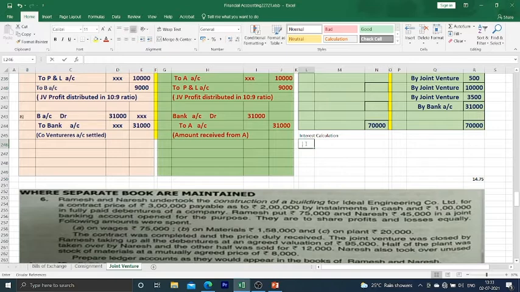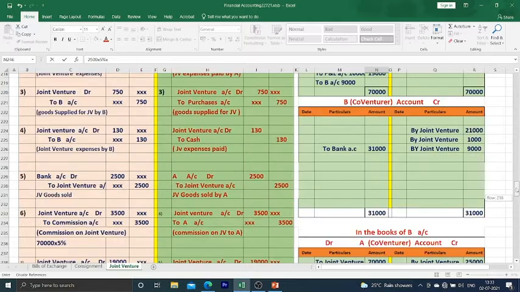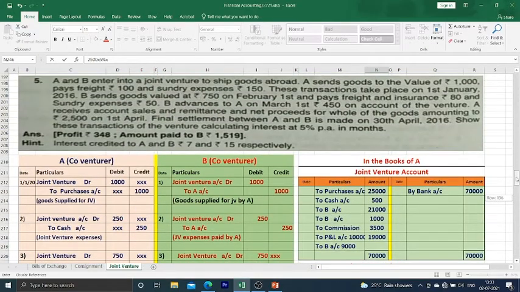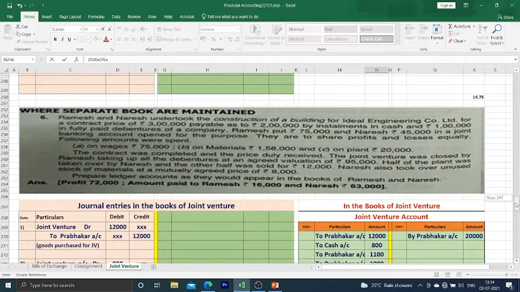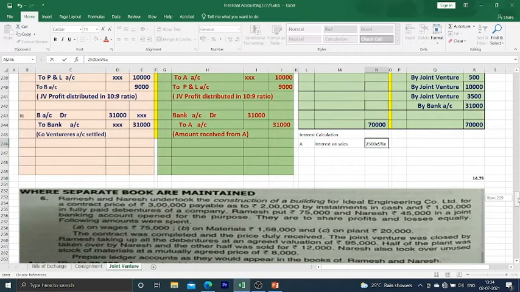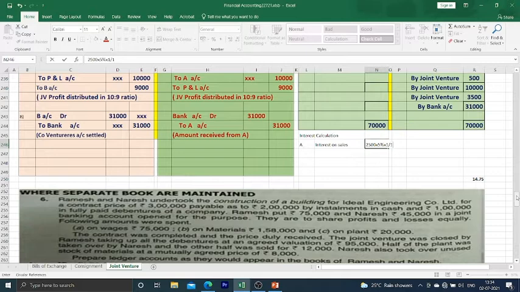For A, he received the sales amount, that is equal to 2,500 at 5%, from when the sales are made, first April to 30th April, 1 month, so 1 by 12.